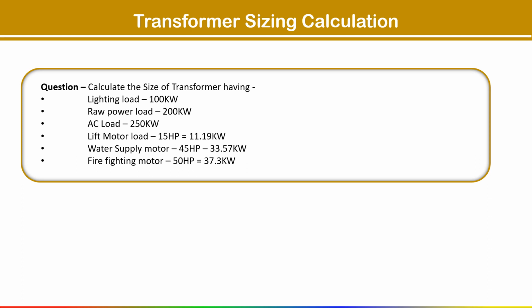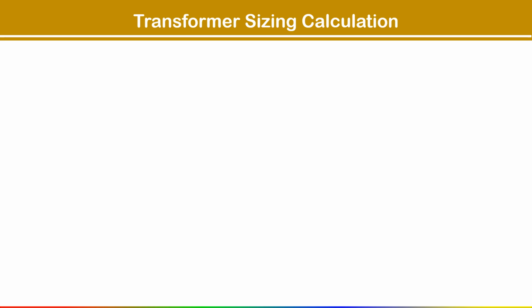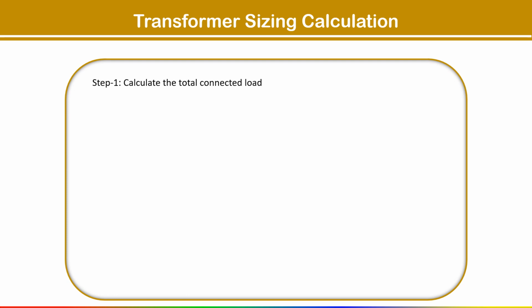Now the first step for the transformer sizing calculation is what? First of all, we need to calculate the total connected load. So what is connected load? Try to understand. Connected load refers to the total electrical load connected to a power supply system and is typically measured in kilowatt or megawatt, in short MW.